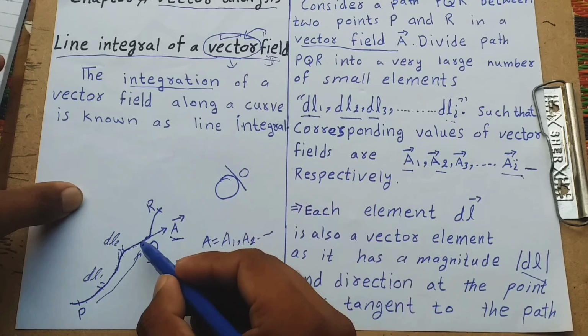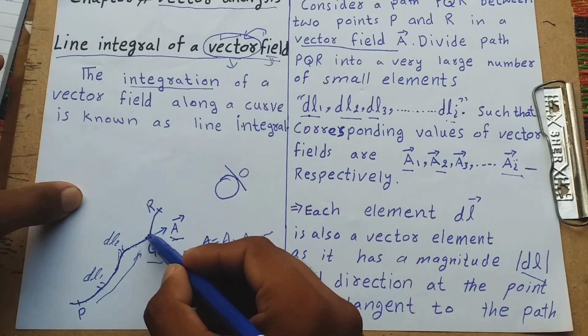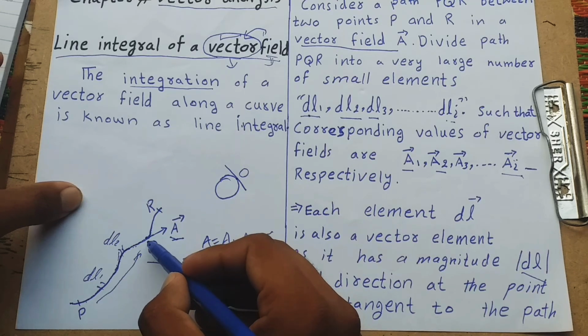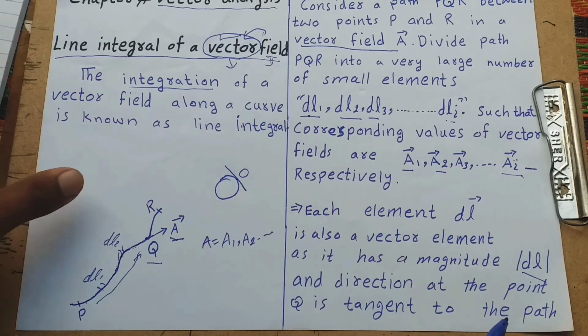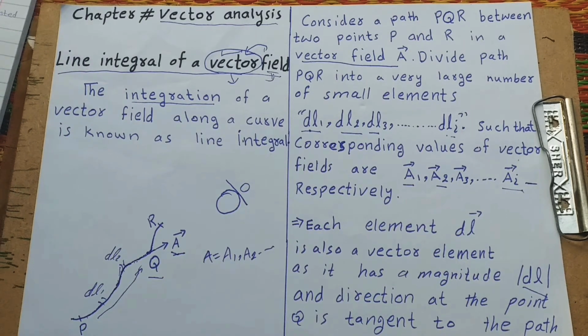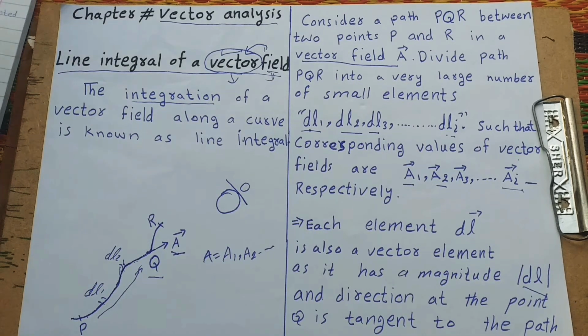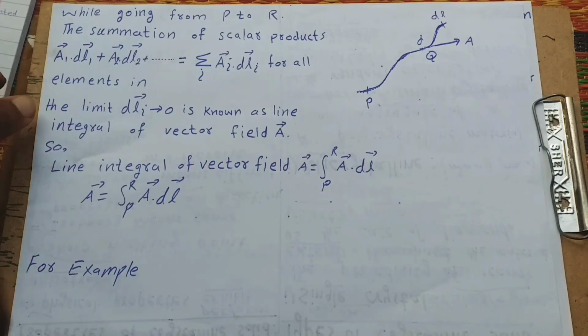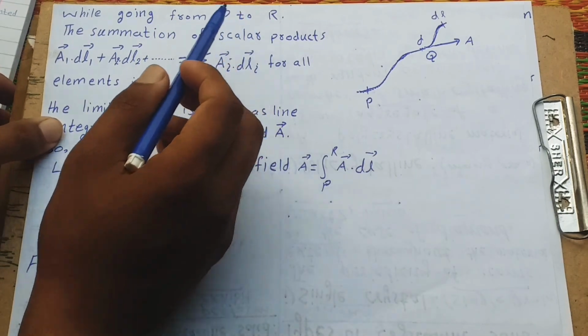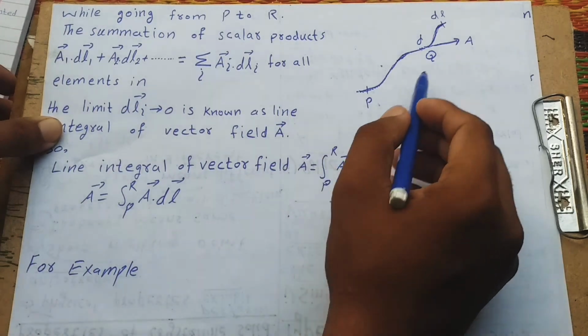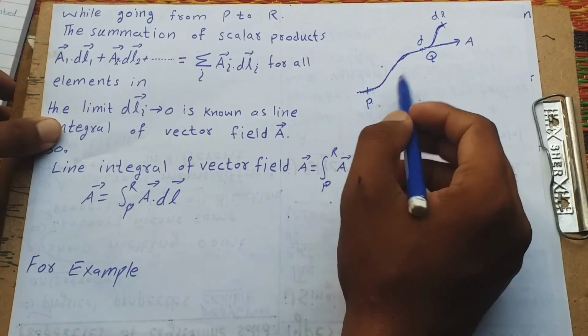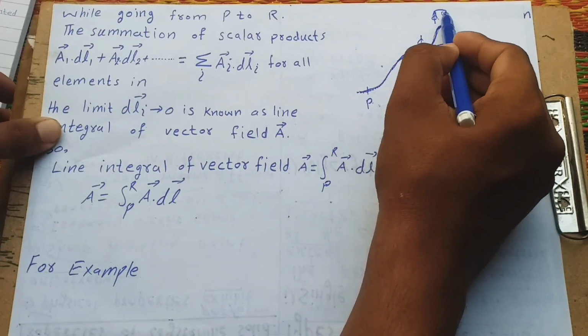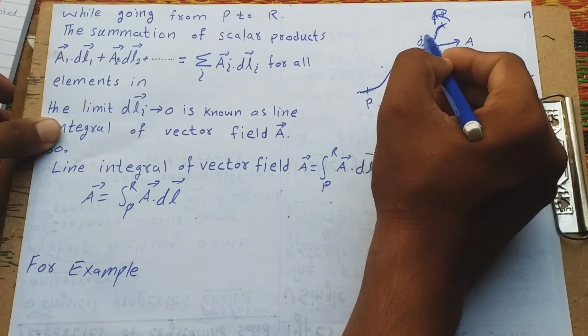And also here is a tangent, a line that crosses and makes a tangent at Q to the path. While going from P to R, consider the tangent point.